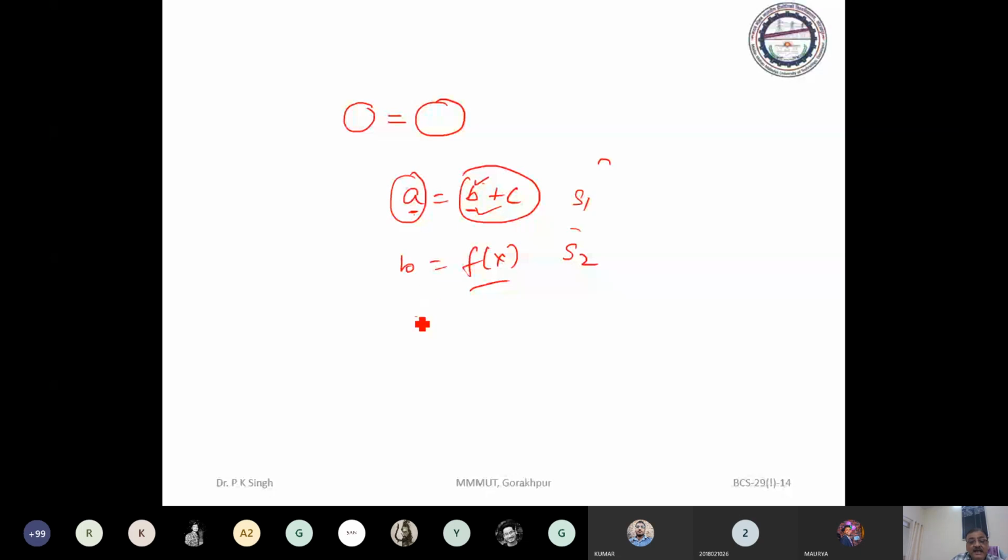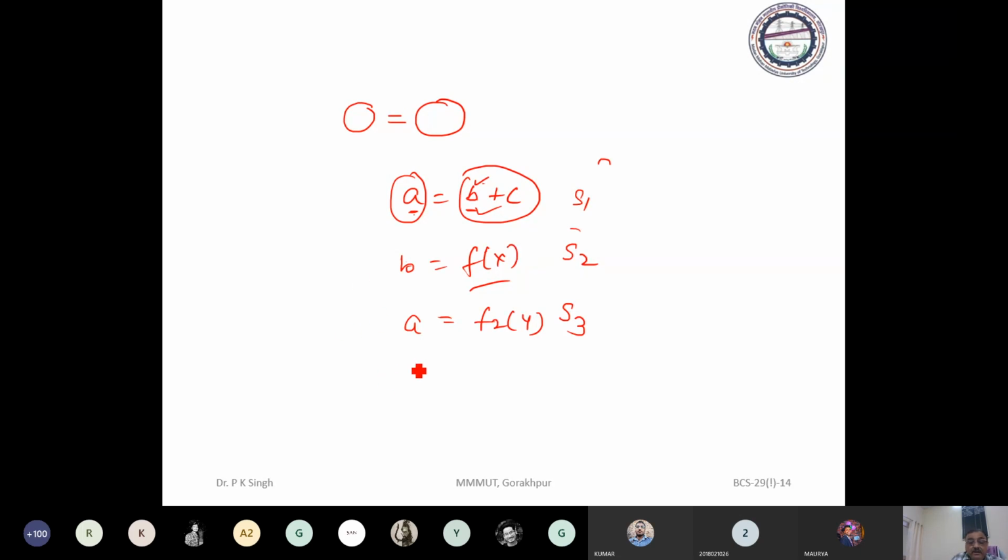Second, S1 and suppose S3. S3 is using A for another function, F2. Then S1 and S3 are both modifying the same location, so you can't execute in parallel. It is also a type of dependence.